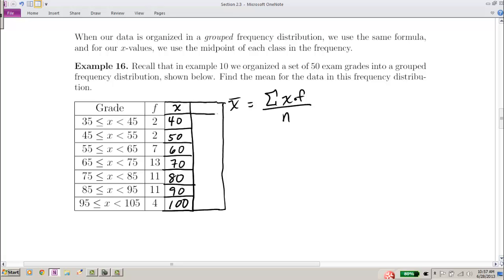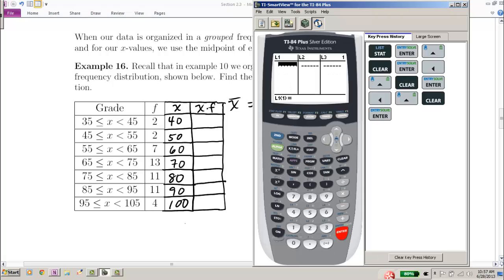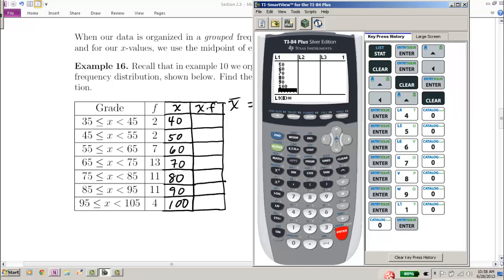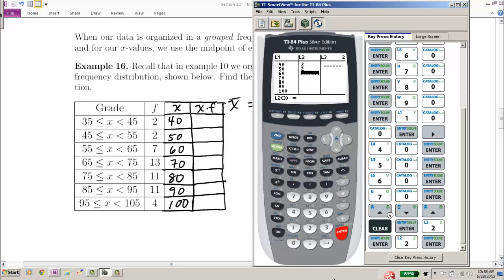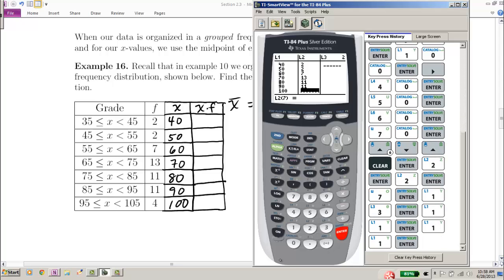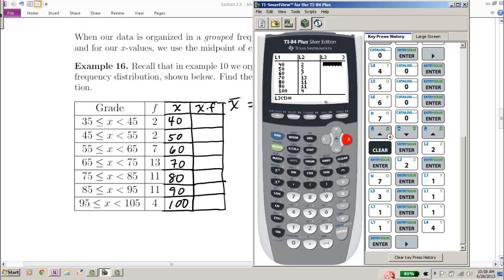And I'm going to go ahead and have the calculator help us with that. Okay, so I'm going to put in these x values. And over in L3, just as before, I'm going to highlight L3 and tell it to multiply L1 by L2.